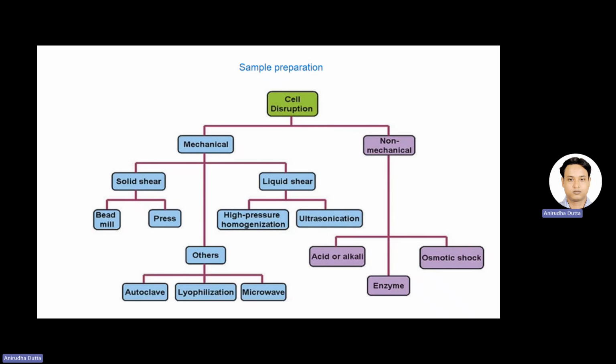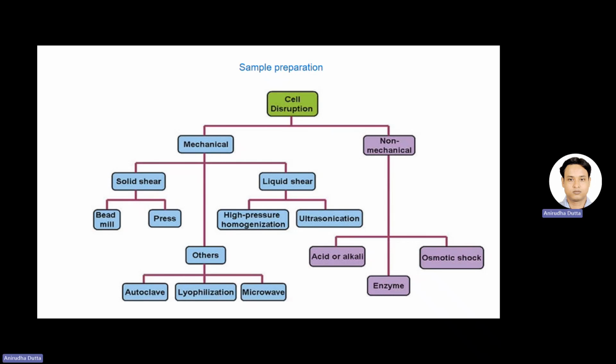Some are mechanical processes, some are non-mechanical or chemical processes. Among the mechanical processes, the shearing force is one of the highly used techniques. So bead mill, ultrasonic sound, or high pressure homogenization, these are the techniques that we normally use for cell disruption.